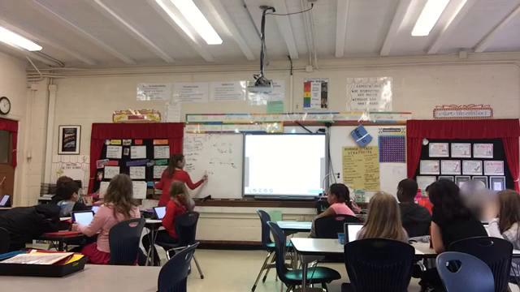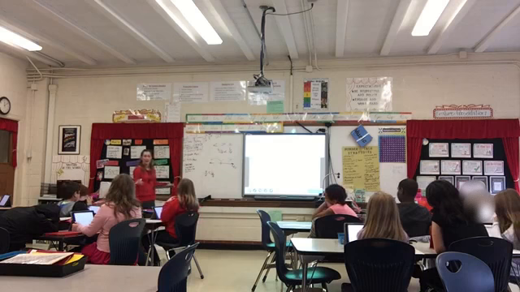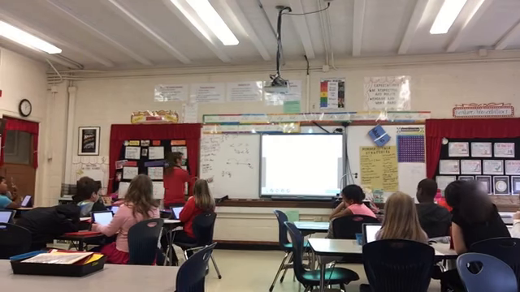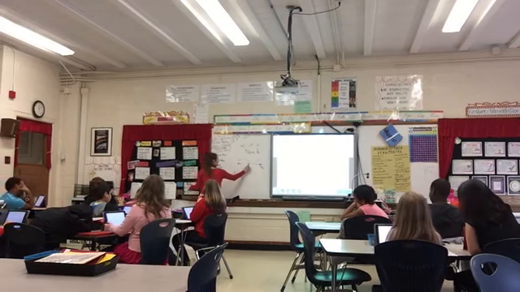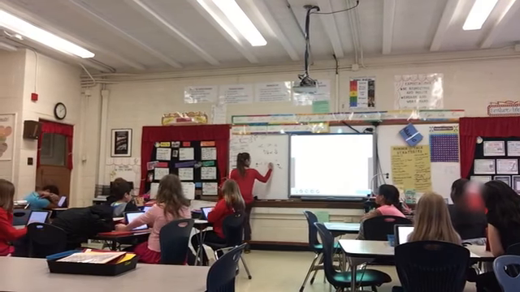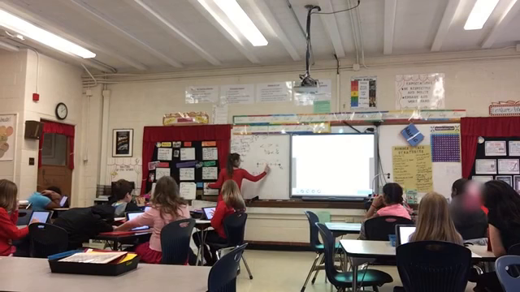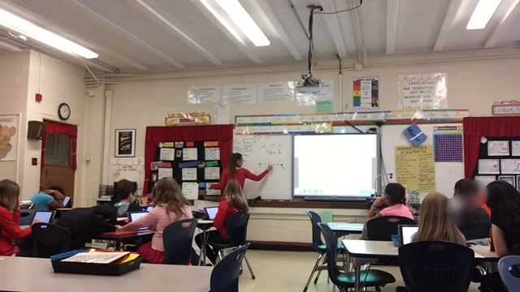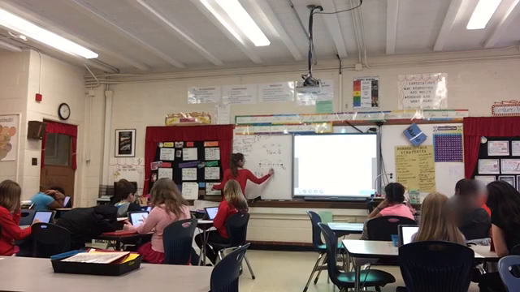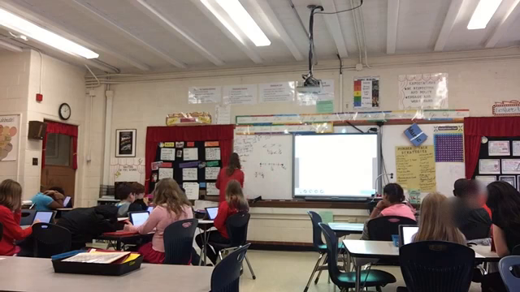I know that half of 4 is 2, and half of 6 is 3. So half of 5 must be somewhere between 2 and 3 on my number line. So if I have 0, 1, 2, 3, 4, and 5, equaling 5/5, somewhere between 2 and 3 is my 1/2 mark.